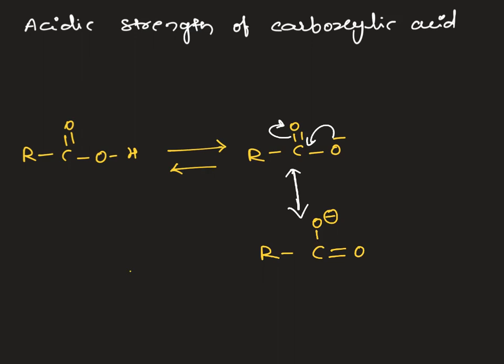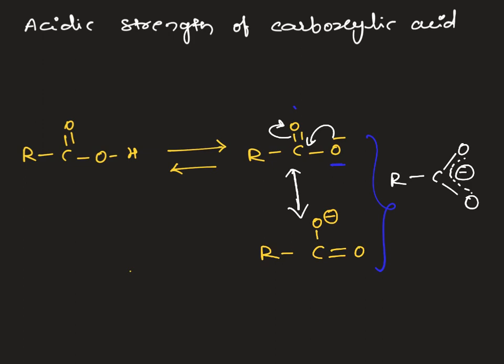If we want to write a resonance hybrid structure of these two, the negative charge is delocalized from this oxygen to this oxygen. The resonance hybrid structure of these two is where the negative charge is migrated from here to here.